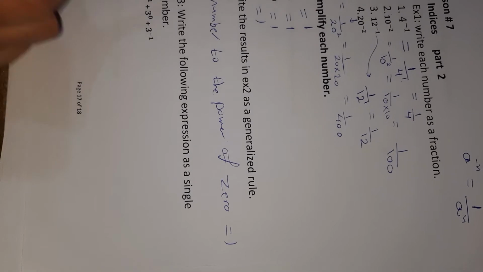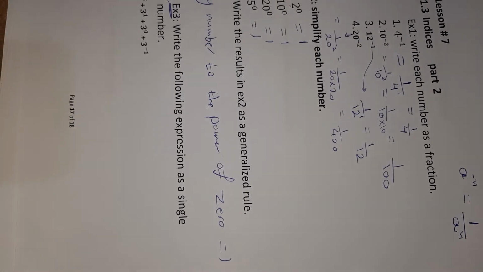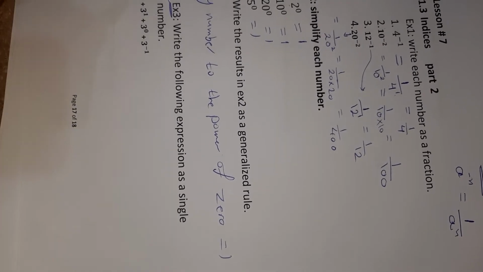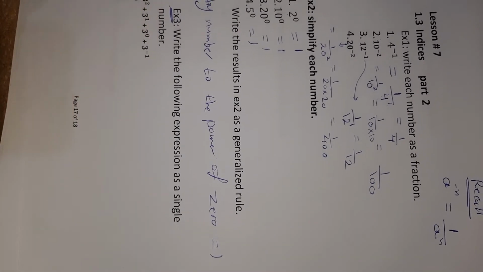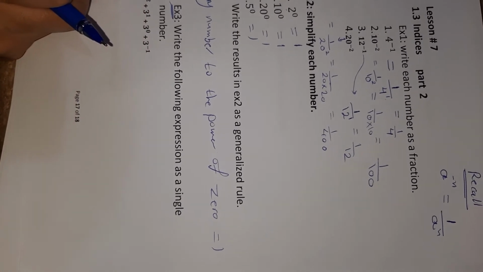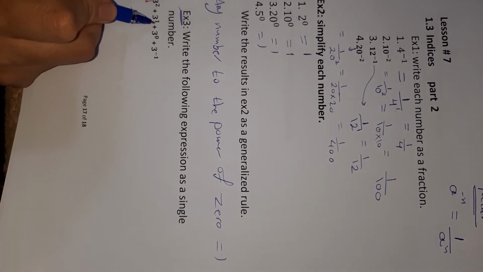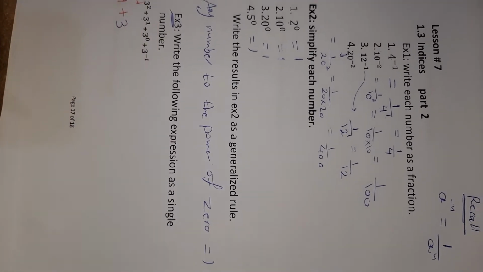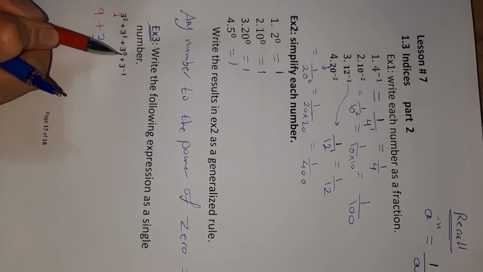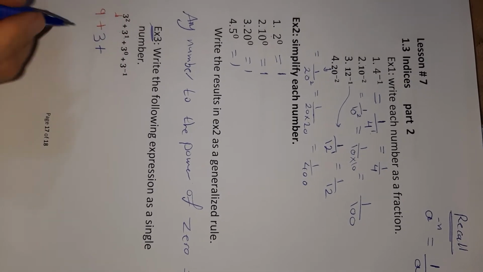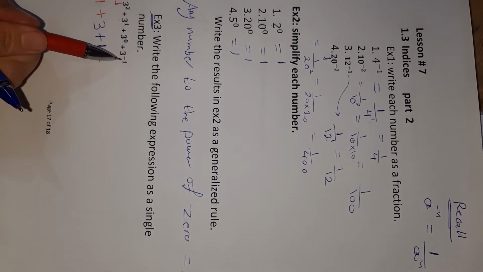Let's take the third exercise. Write the following expression as a single number. Look, how can I do it? 3 to the power of 2 means 3 times 3, which is 9, plus 3 to the power 1, which is just 3, plus 3 to the power 0, which is 1, plus 3 to the power of negative 1.